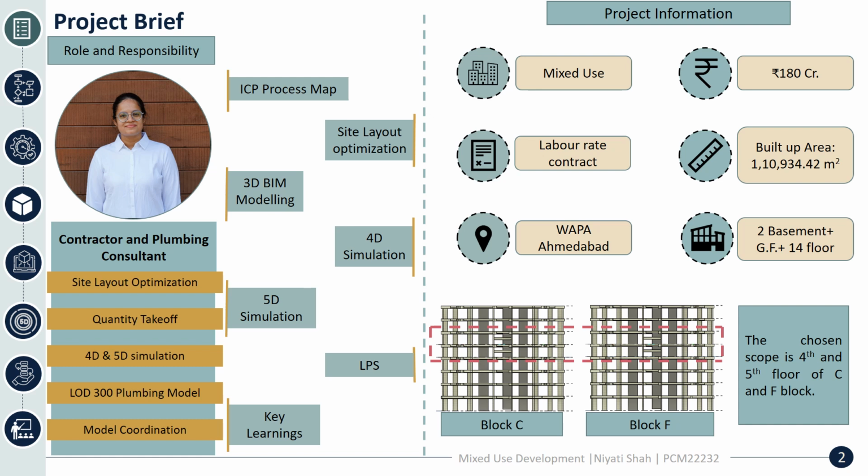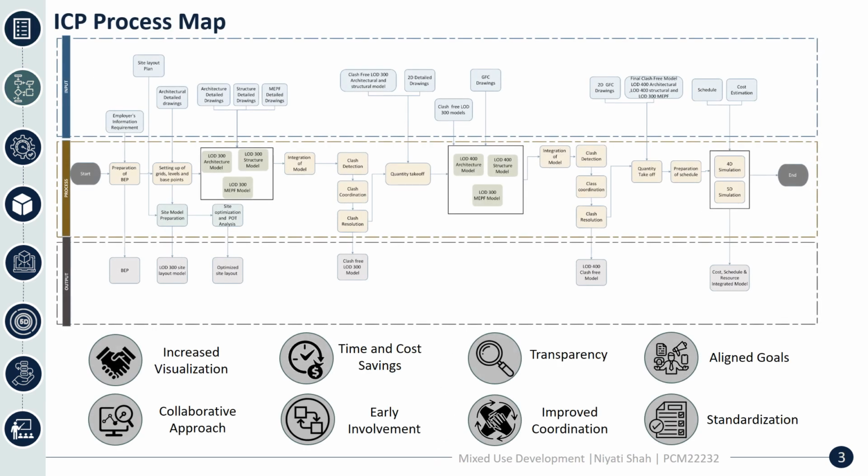The flow of the presentation: first I will explain the integrated construction practices process map which we implemented for our studio, then site layout optimization, 3D BIM modeling, 4D simulation, 5D simulation, LPS, and the major key learnings. To the next slide.